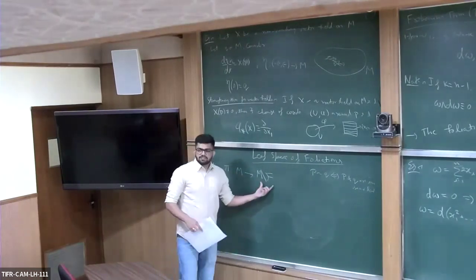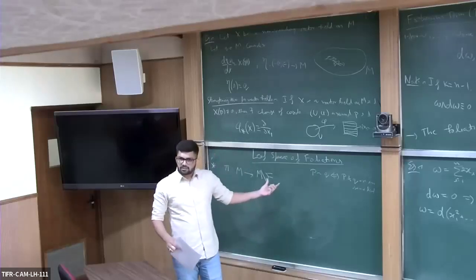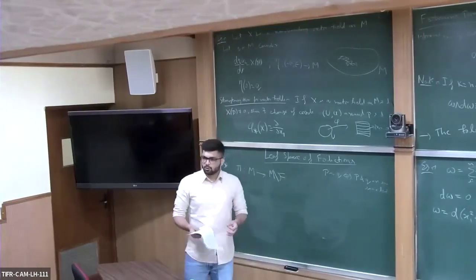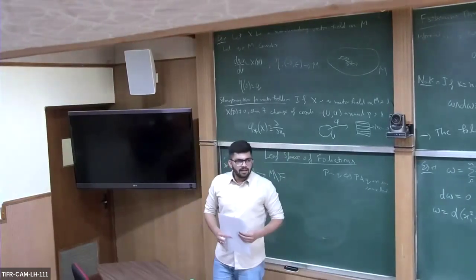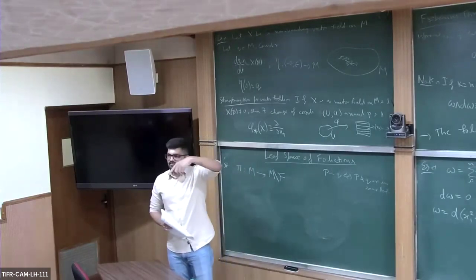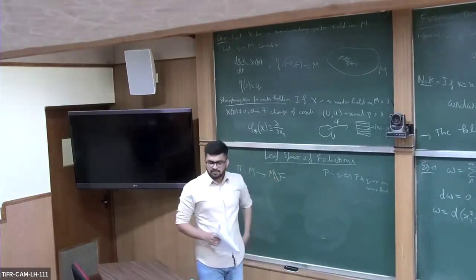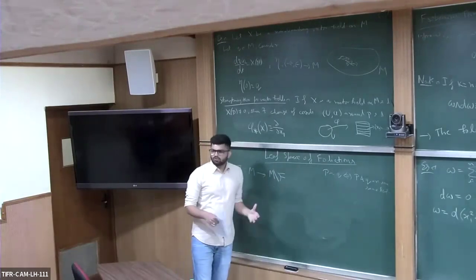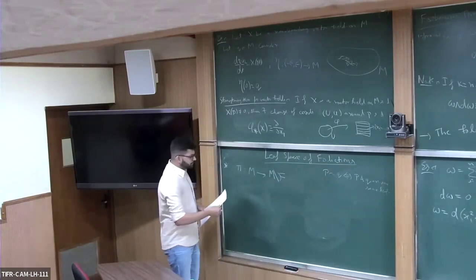Now this will give us a topology on the space of leaves, but in general this topology is not nice. It might not even be Hausdorff, as we see from examples of Reeb and those examples of torus where the leaves are dense. We cannot always separate these leaves. So this topology is not always very nice.